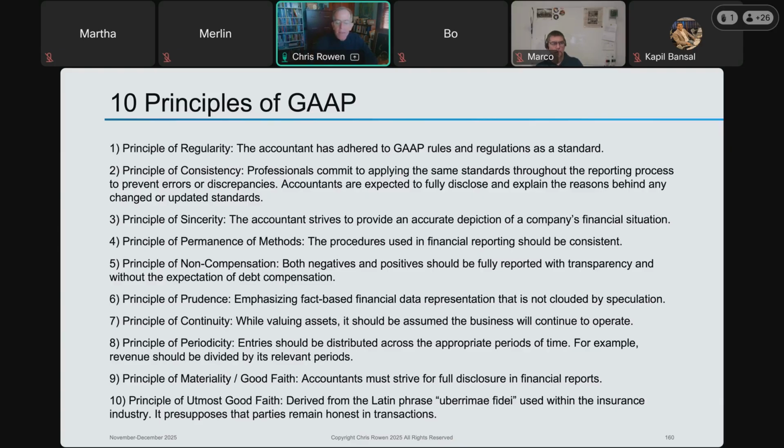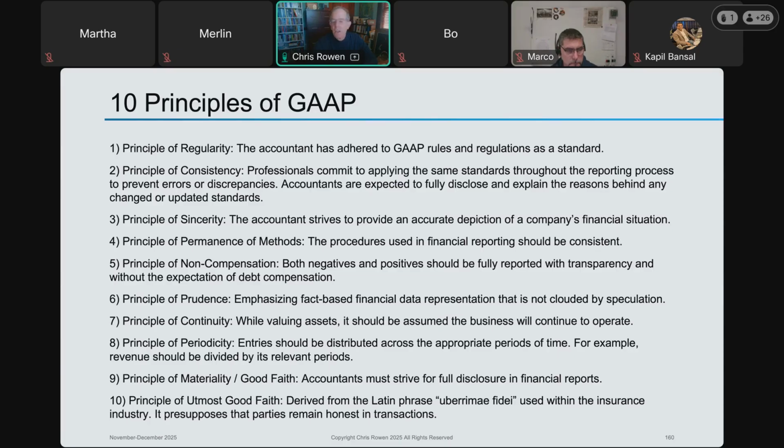And that there is ultimately a principle of good faith, that you are assuming and requiring that everybody is remaining honest in all of this. And clearly, the wheels start to fall off if investors believe that you're not being honest in this.